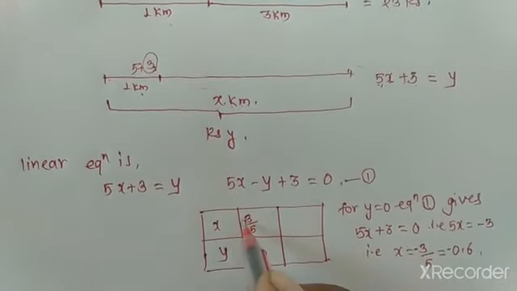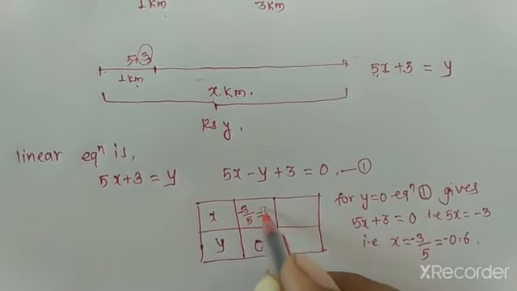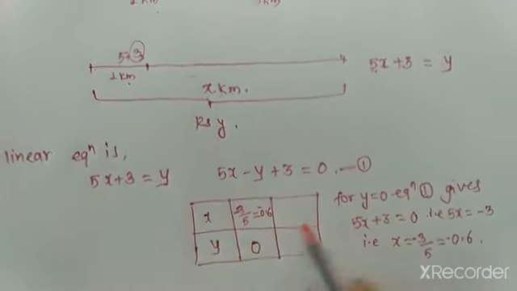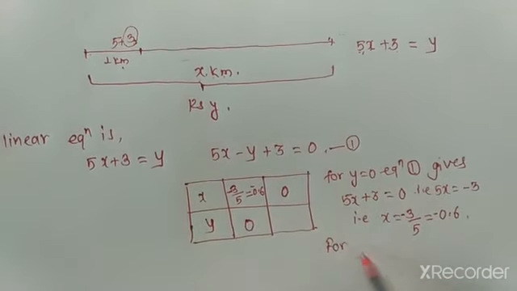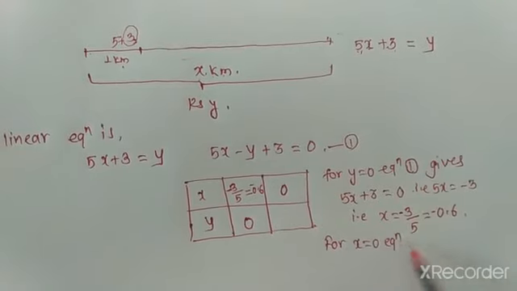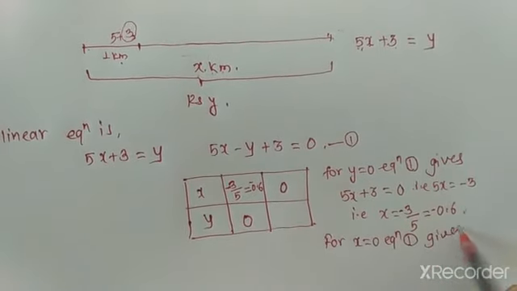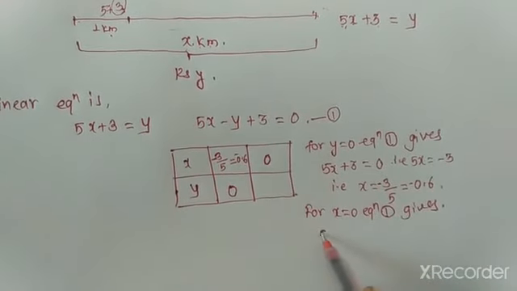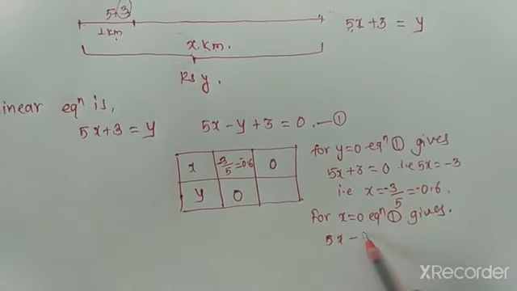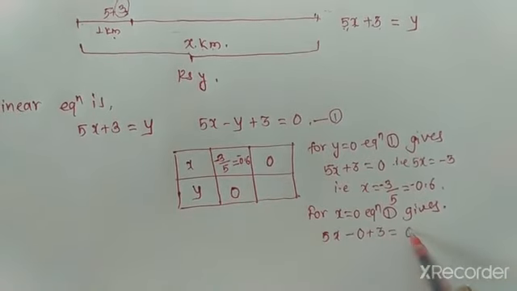Now for x equal to 0, equation 1 gives 5 into 0 minus y plus 3 equal to 0.